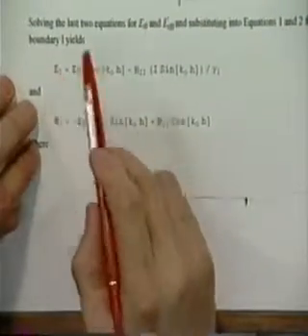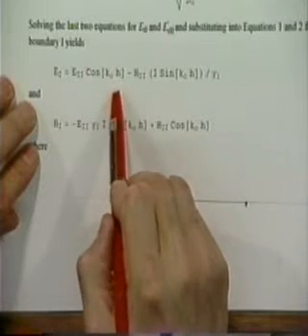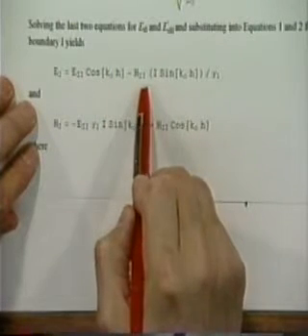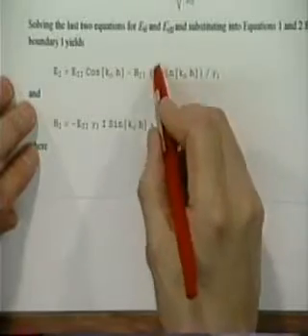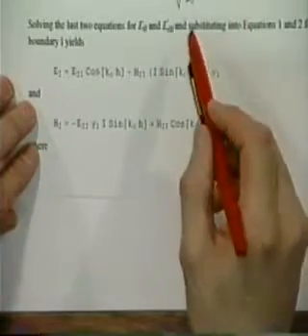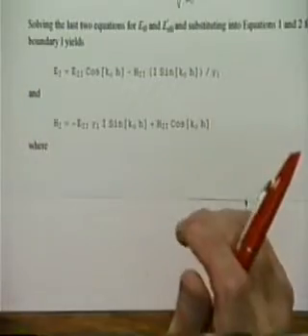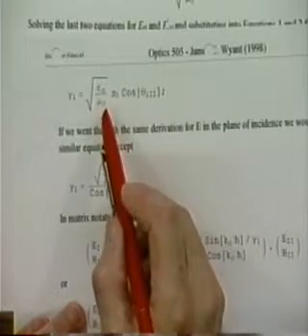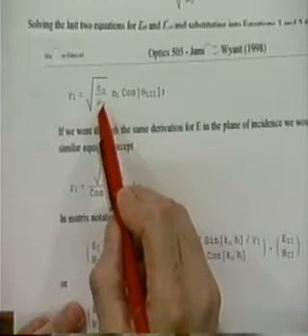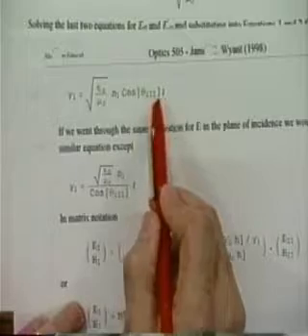And you're going to get that E1 is E2 cosine K naught H minus H2 i, so that's square root of minus 1, sine K naught H divided by gamma 1, where gamma 1 is square root of epsilon naught over mu naught, N1 cosine theta I2.